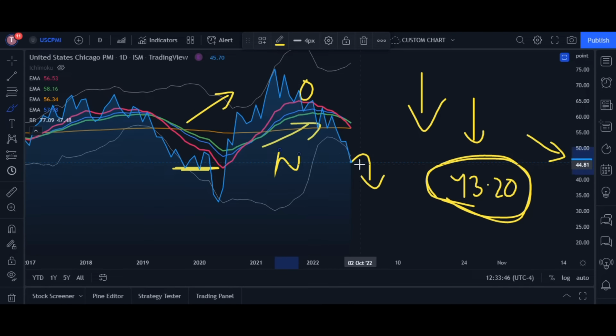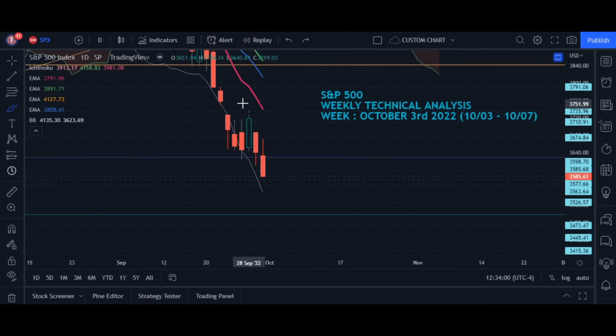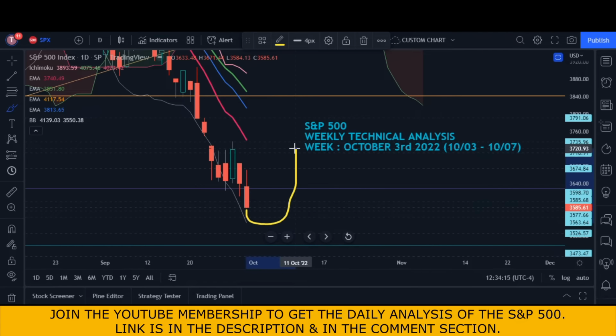This means that a reversal, or a short-term bull trend, will be there in the month of October. When I say a short-term bull trend, there will be a reversal to the levels where the SP 500 is not expected to exceed this level, 3840. So with this, definitely there will be some manipulation.